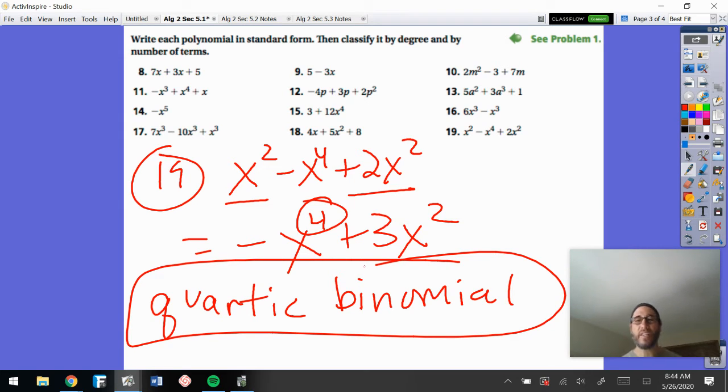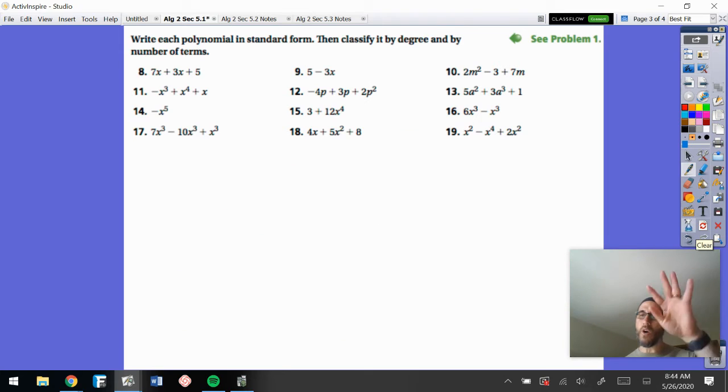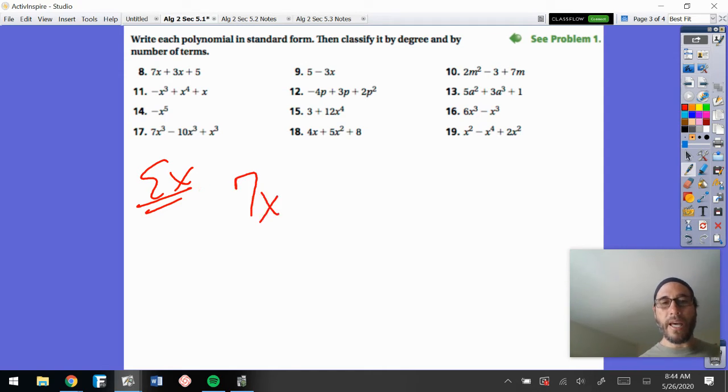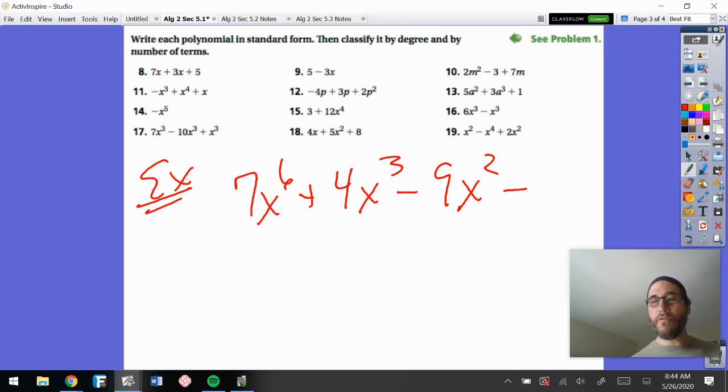Remember, if it had to the fifth, it would be quintic. Okay? Once again, one term is a monomial, 2 terms is a binomial, 3 terms is a trinomial, and 4 or higher is a polynomial. Okay? I guess I could maybe throw in one last example here. Let's say we have 7x to the 6th plus 4x to the 3rd minus 9x squared minus 4.